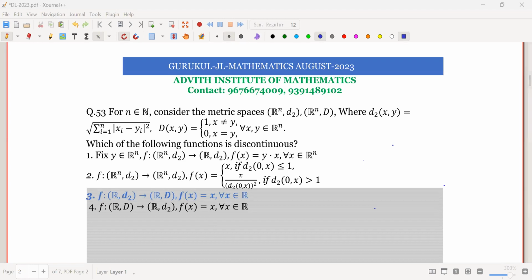Suppose f from X to Y, where X with d1 is a metric space and Y with d2 is a metric space.